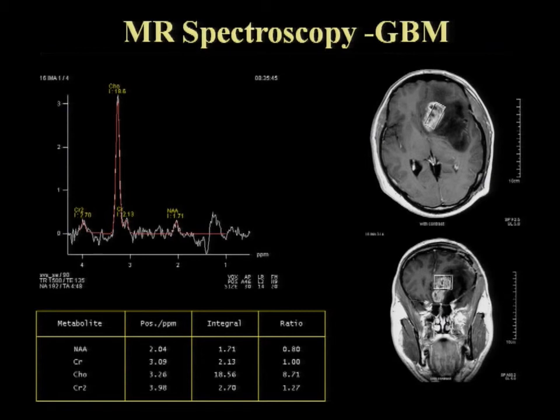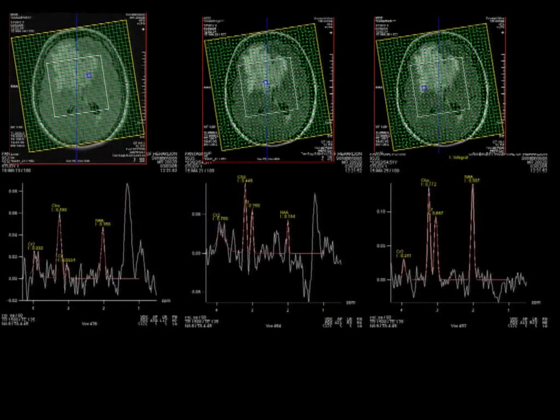As you see here, you can see the peak of choline, a very aggressive, very malignant tumor. And multivoxel spectroscopy, as you see here, when we have information, you see the voxel here, from the peritumoral region, from the normal side, from the core of the tumor, we have a spectrum of metabolites in different regions.